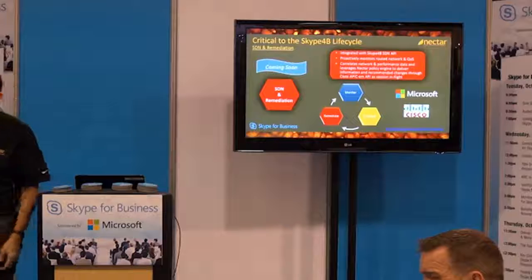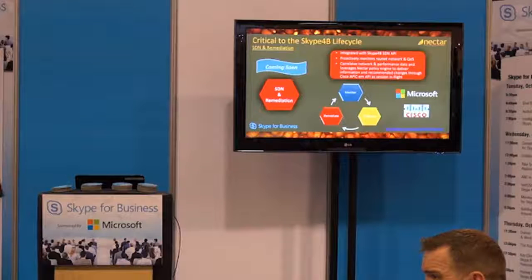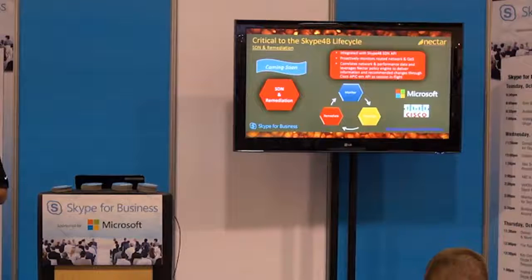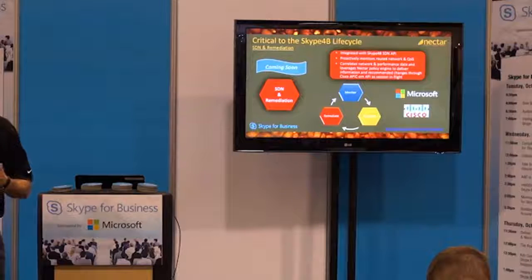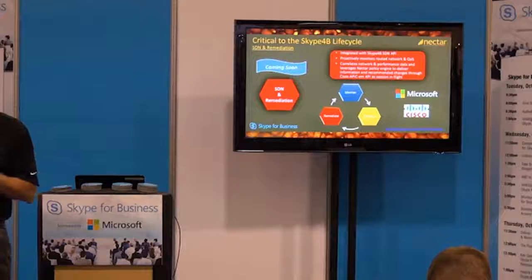Yes? How much bandwidth on top of the standard Skype call is it going to add? So the API itself is extremely lightweight, with less than 1% utilization, and any concern they had, even at scale, is why they introduced the SDN API Manager, to get it off the front end as quickly as possible.